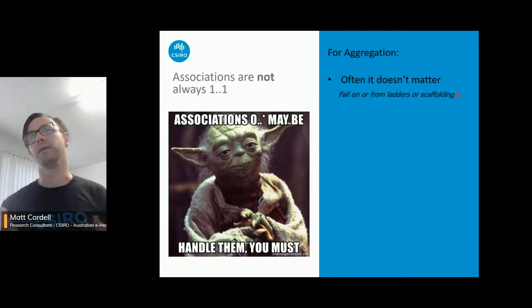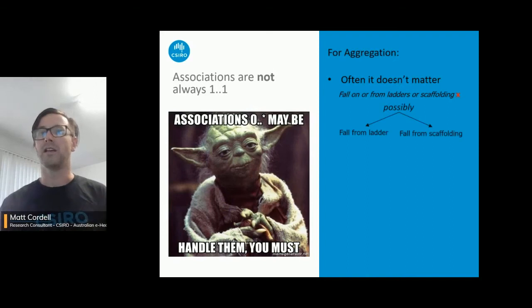That's been retired because it's ambiguous, presumably, and it's more of those classification things. Fortunately, our historical associations have given us some replacements, and it's possibly a fall from a ladder or fall from a scaffolding.